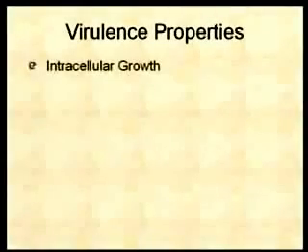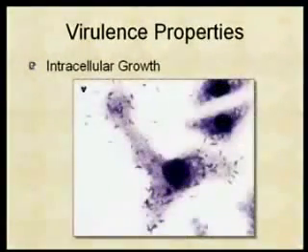Okay? It will grow intracellularly in the cytoplasm. And here is a laboratory photograph of macrophages where the organism is growing. As a matter of fact, the organism has been extensively used in the study of immunology of intracellular parasites, cell-mediated immunity, macrophage activation, and so forth.